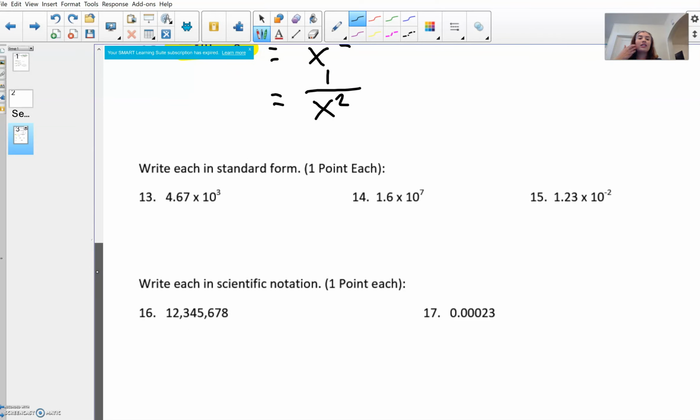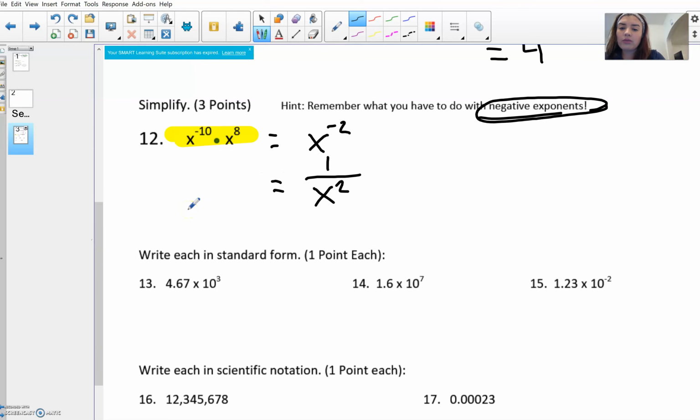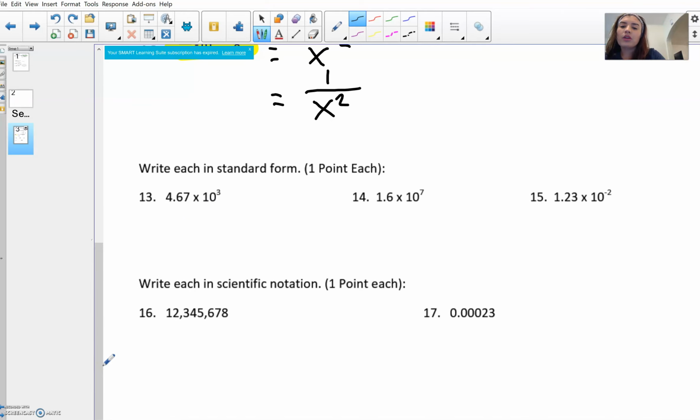Okay, 13, 14, and 15. Everyone was fantastic at changing things from standard form to scientific notation. So what we do is we are going to rewrite 4.667, and we are going to take that decimal point and move it 3 to the right, because that's what our exponent is telling us.